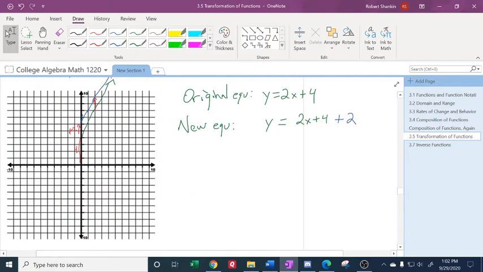If we come up here and draw this one now, let me erase some of this stuff.